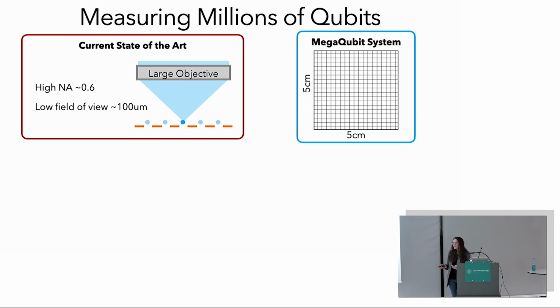The fabs that make these nanometer chips, TSMC, for instance, has these huge lenses. So it's not out of reason that we could spend a lot of money and just make a really, really huge objective that would also have to work at many wavelengths and have micron scale resolution over a wafer scale. So it's not out of the question. And that's definitely one possibility.